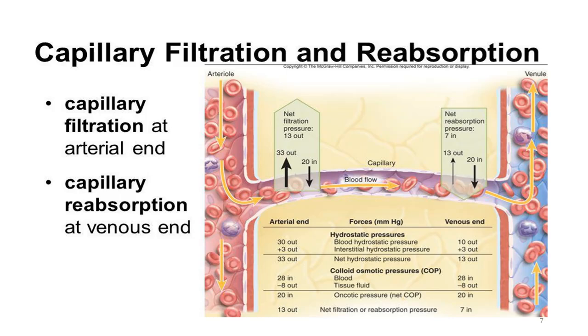And also inside the capillaries we have another pressure that does suction of the blood. So we have two pressures that push blood into the capillaries. One pressure from the arteriole is about 30 millimeter of mercury, and the other pressure does suction from the capillaries because of the negative pressure of interstitial fluid.